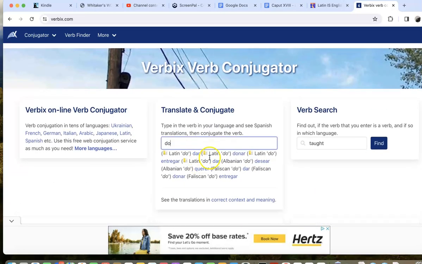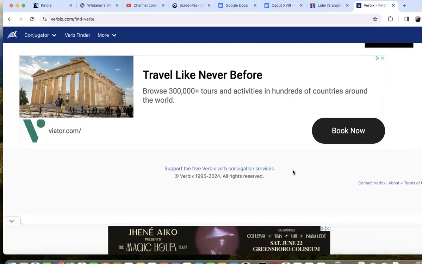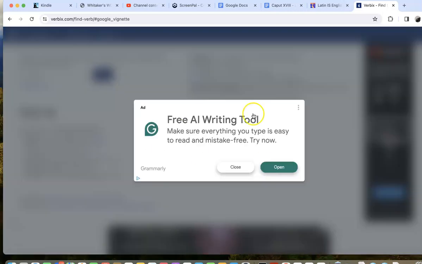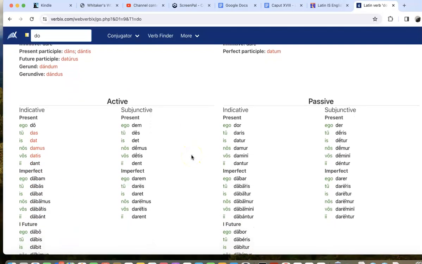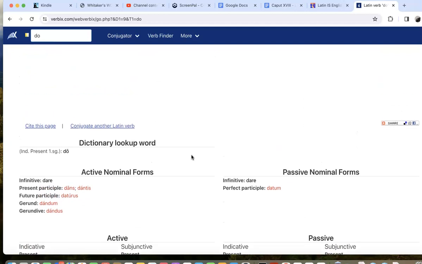No. Oh, let's see here. There we go. That's what I was looking for. It's been a while since I've used this site. Okay, there we go. So they have more pop-ups. So this actually is the verb I give.